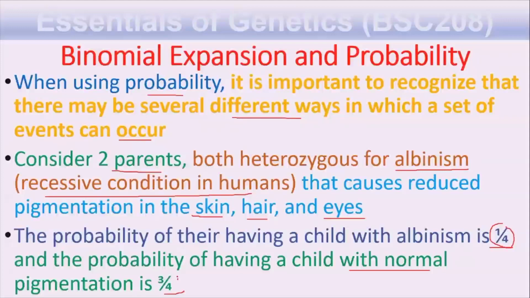These are based on the Mendelian principles, the experiments of Mendel, which he performed on pea plants, and he gave us the ratios. When we deal with single gene disorders or single gene traits, we always use these ratios. So our expected values: the probability of having a child with albinism is always 1 by 4, and the probability of having a normal child is 3 by 4.